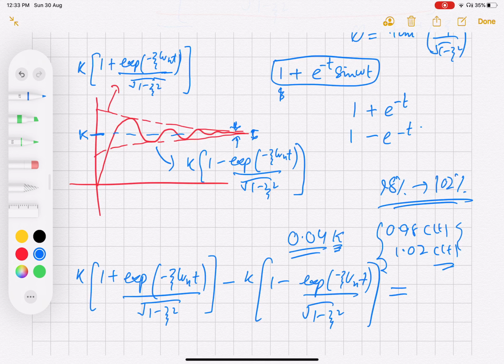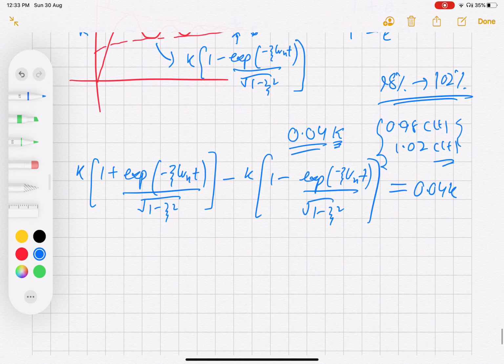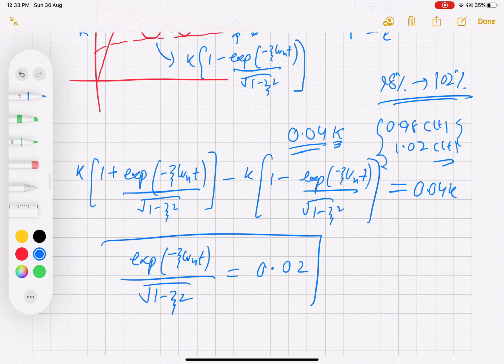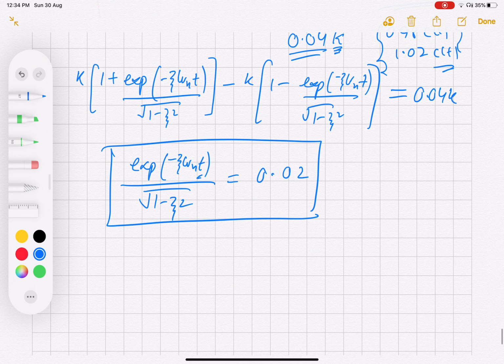This should be equal to 0.04k, and because the 1 and 1 cancel and the k's cancel out with each other, this gives you exponential minus zeta omega nt under root of 1 minus zeta square should be equal to 0.02. So this is the time when you oscillate between plus 2% and minus 2% of your steady state value, right?